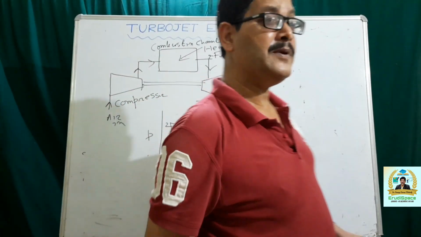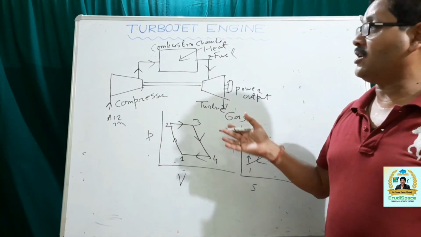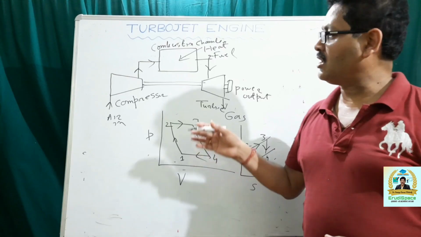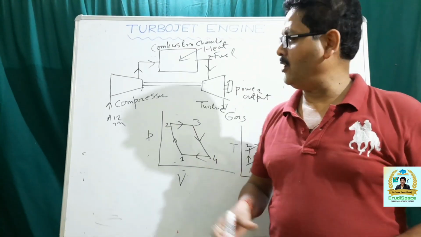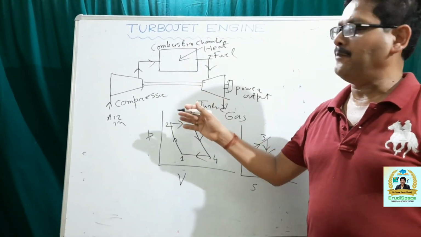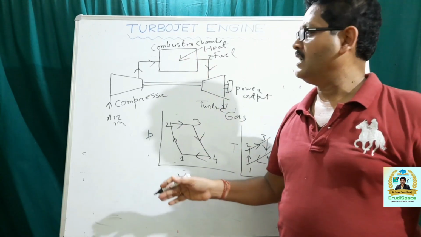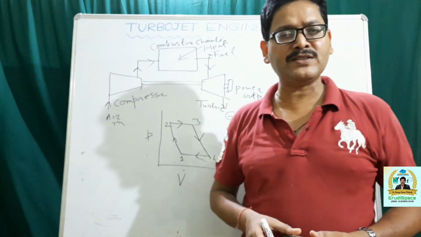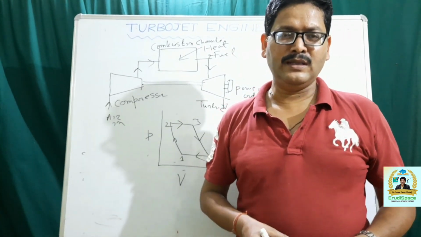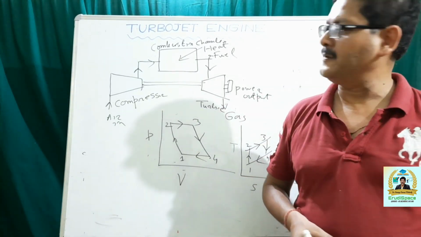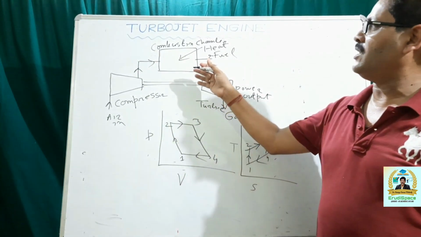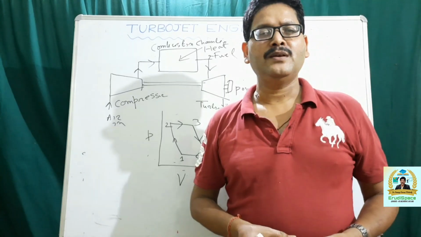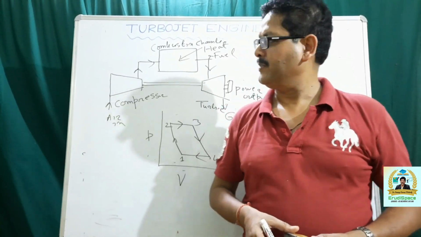Now, what happens in the case of a turbojet engine? Does the turbojet engine follow the same way in which the gas turbine cycle works? There are certain fundamental differences which separate the turbojet engine from the gas turbine.